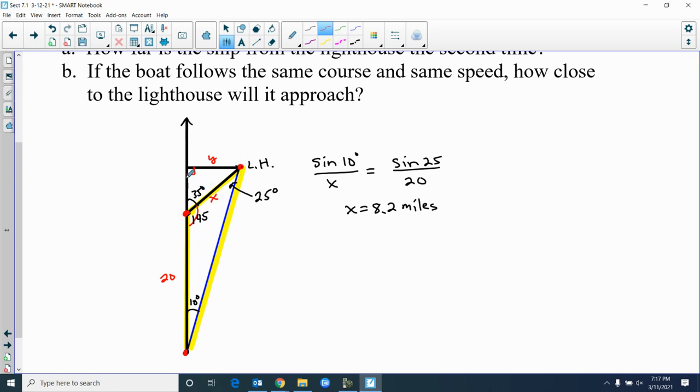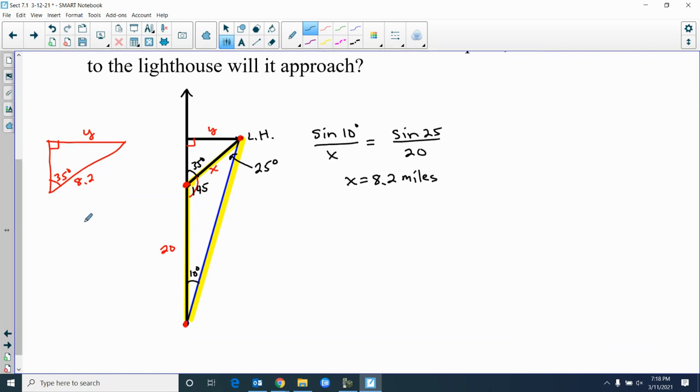Well, I know I have this 35-degree angle. I'm going to have to use x as 8.2. I can't get around it. I'm going to have to find y. So if you look at what we have, I'm going to draw it over here. This is 8.2, this is 35 degrees, this is a right angle, and this is y. I can use my regular right triangle trig.